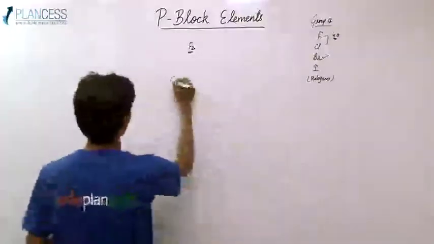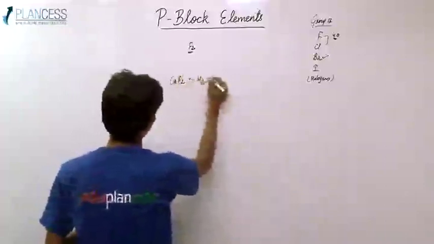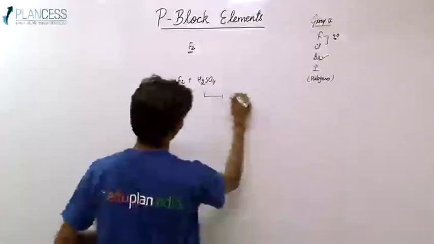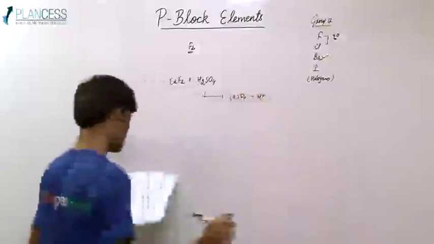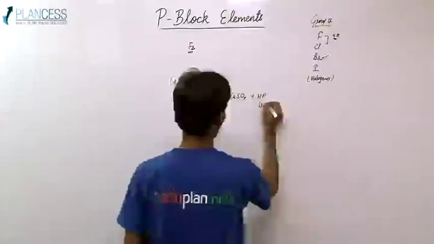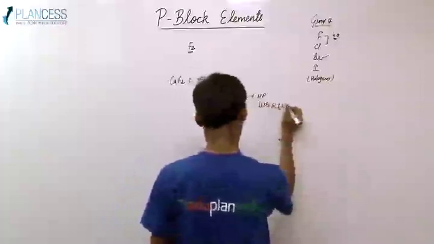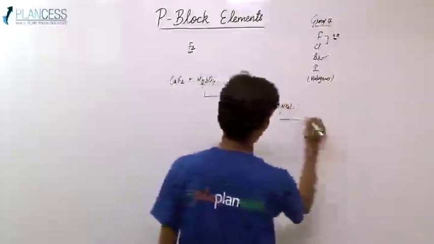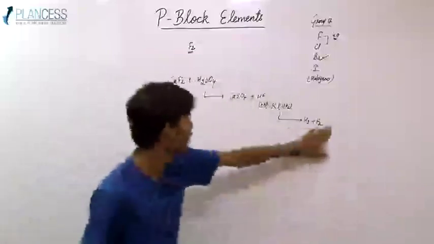CaF2, when reacted with H2SO4, forms CaSO4 plus HF, and now this HF on reaction with KF forms KHF2, and this on electrolysis gives H2 and F2. So this is the whole process for the preparation of fluorine gas.